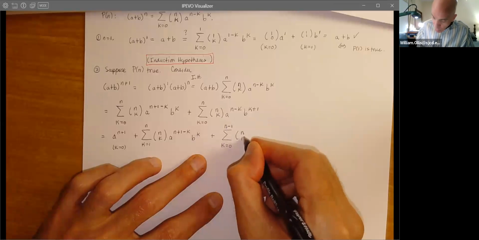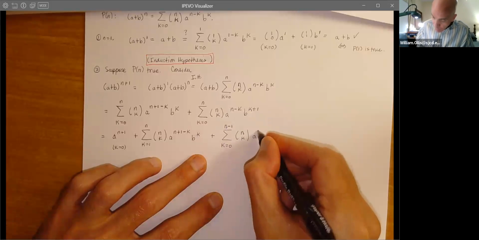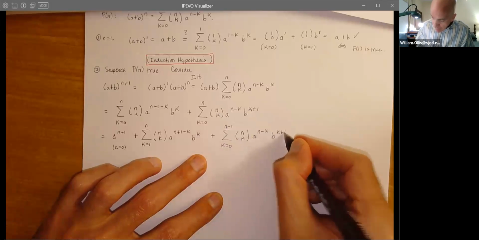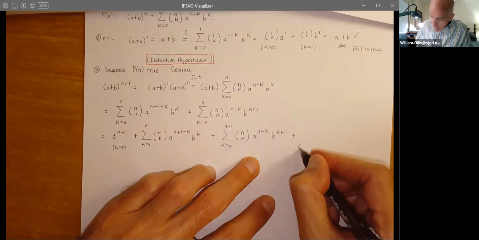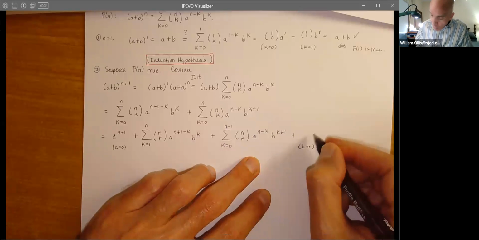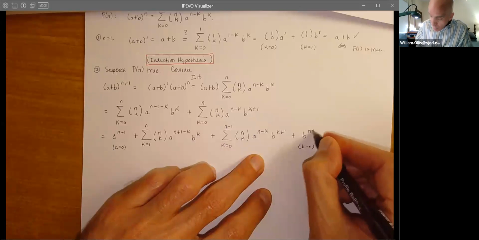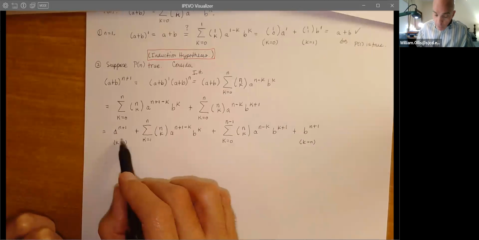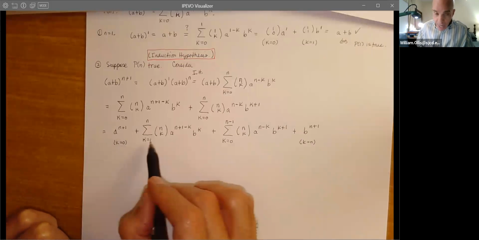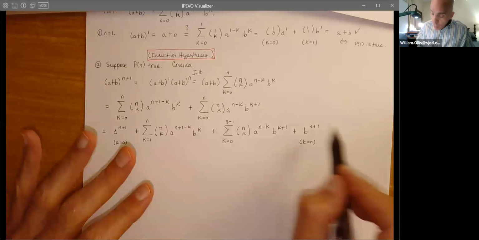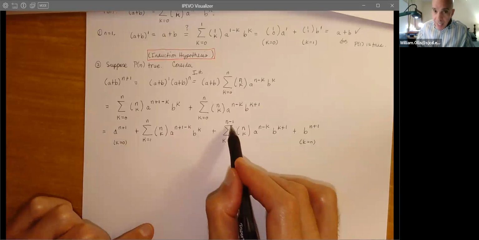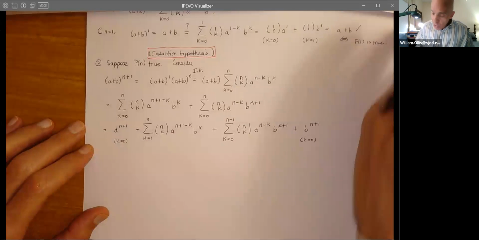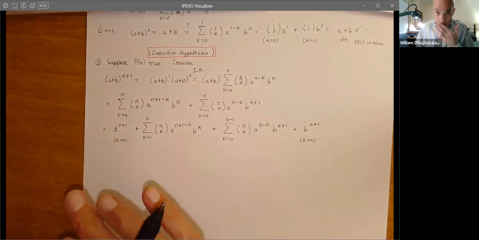So this is a way to do it that's maybe not so difficult. And then plus, so this is the k equals n term, and that would be b to the n plus 1. So notice we didn't do anything to these sums except pull off the k equals 0 term here. So now we start at 1, and then extract the k equals n term. So now we end at n minus 1. So we didn't do any major computation here, just pulling off terms, so to speak.